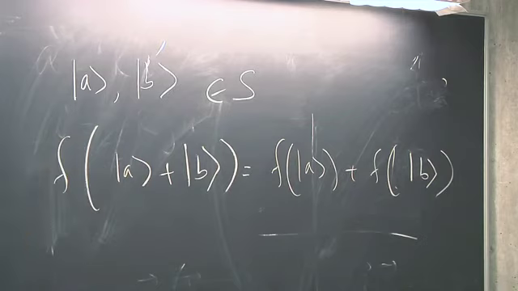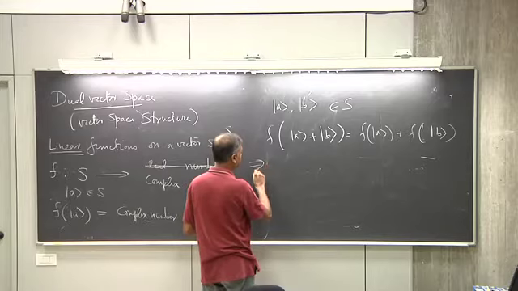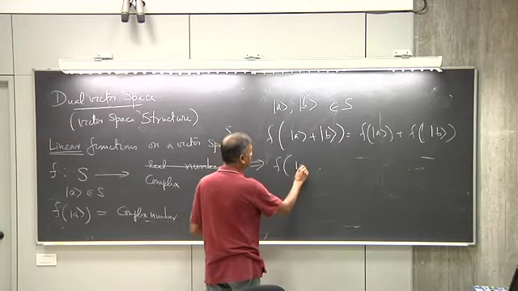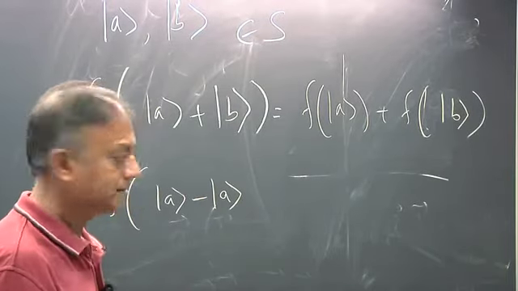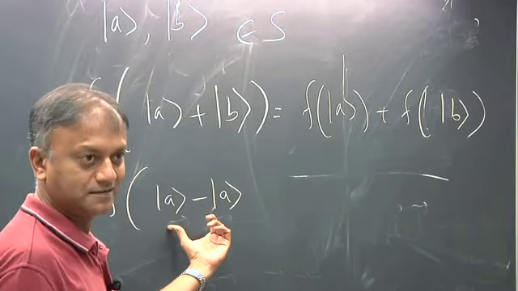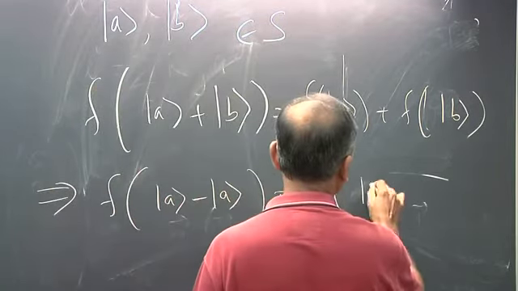So this is the important point here, and there are some consequences immediately. For example, F acting on the null vector should be 0. Why? If I take F of A minus A, A minus A is the null vector.